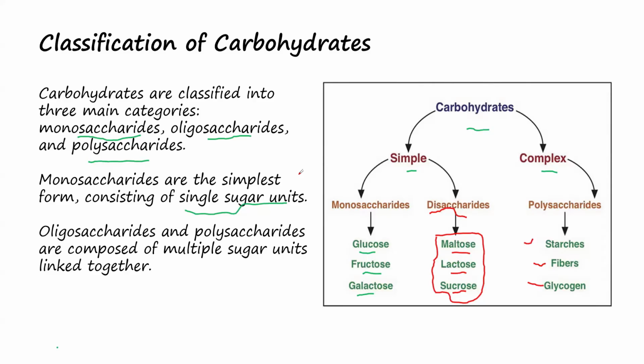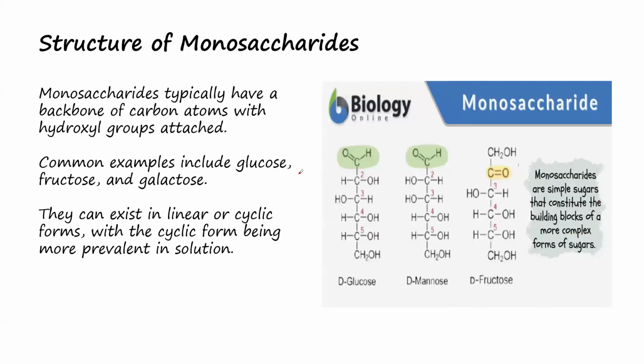And this polysaccharide is also divided into two: homopolysaccharide and heteropolysaccharide. Because this is an introduction to carbohydrates, as time goes on, we are going to look at all those examples of polysaccharides.